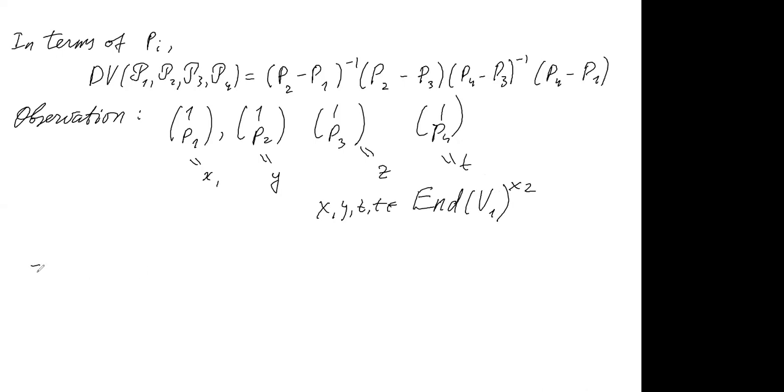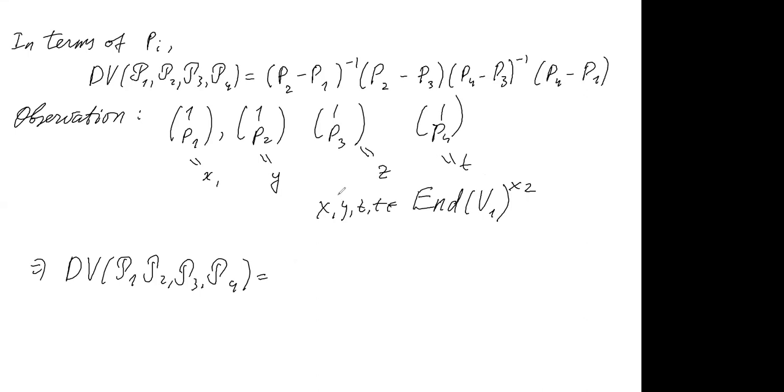Right, then you can write down this comparator cross ratio of Sharygin, up to the permutation of P1, P2, P3, and P4.